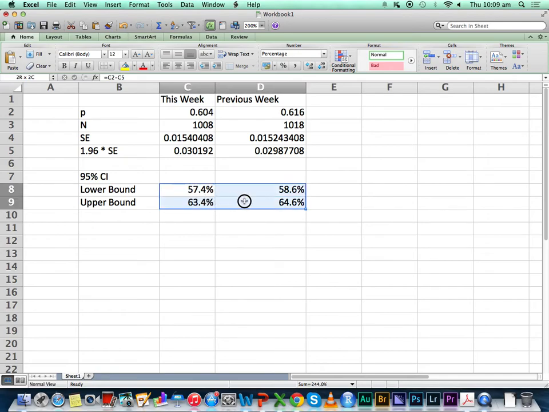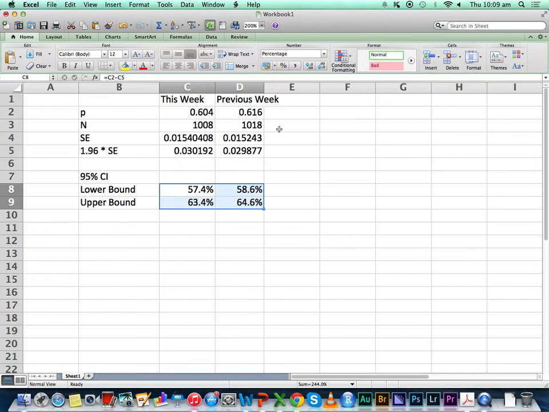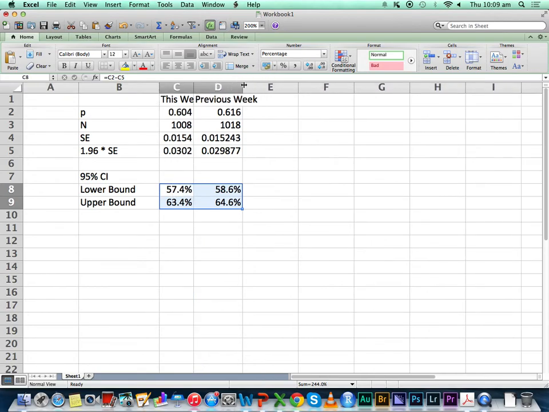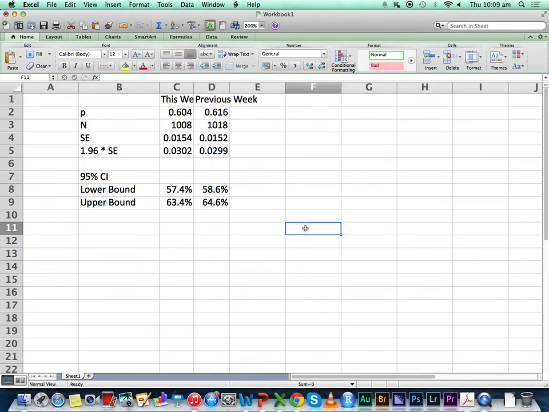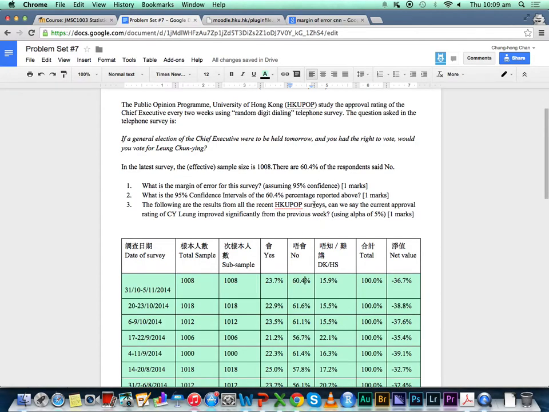But from this calculation, we know that the confidence intervals overlap with each other, so there is no significant change. So the answer for this one is no.